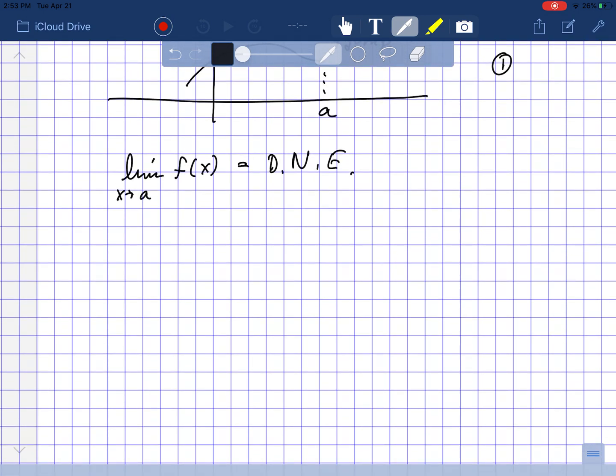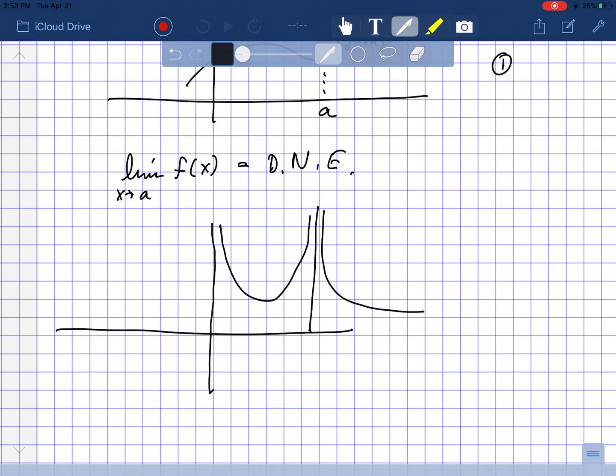Then we looked at functions that have vertical asymptotes. So I might have a function that looks something like this. So here's the graph of the function. And let's call this point A. Okay, so this is my x-axis.